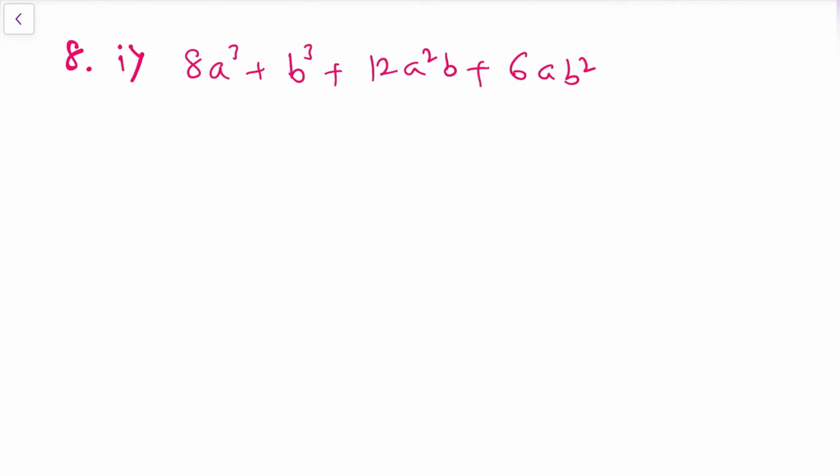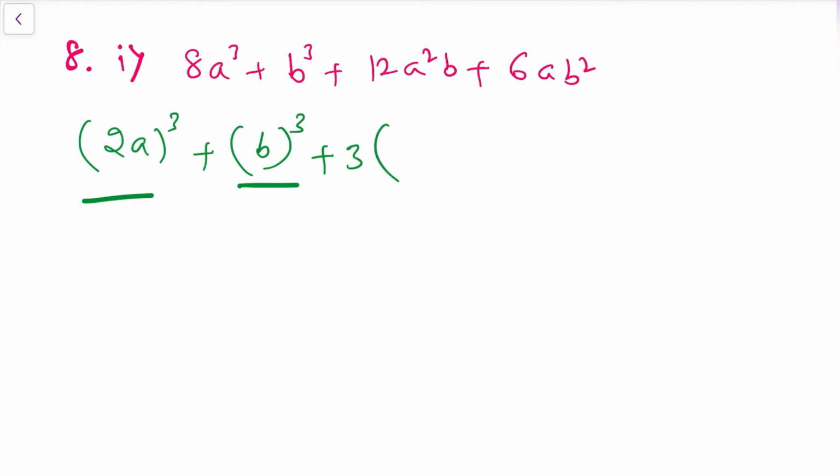So here 8a cube can be written as 2a whole cube, plus b cube can be written as b whole cube, plus this is a cube plus b cube plus 3a square b. So 3 into, here a is nothing but 2a, whole square b, plus 3ab square, 3a is nothing but 2a into b square.